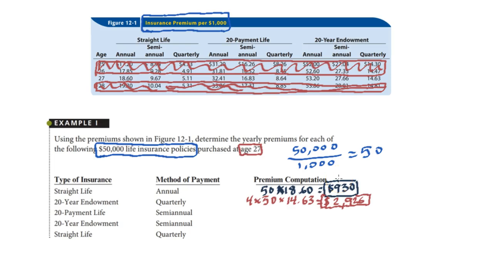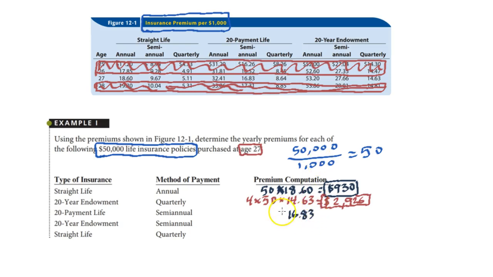Okay, so now I think I'm actually just going to go through the first 3 because I think you're understanding the trend here. So let's just look at one more example. So we're going to do a 20 payment life. So that's this area right here. And we want to do semi-annually. So semi-annually, 20 payment life right here, 1683.